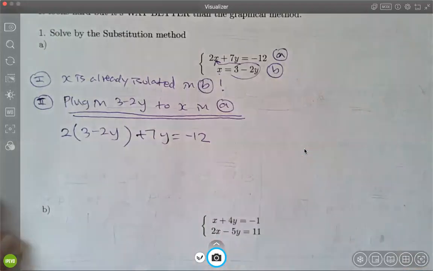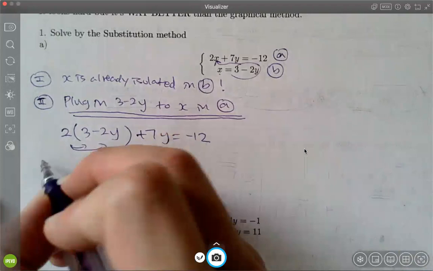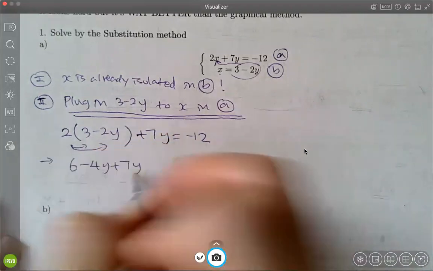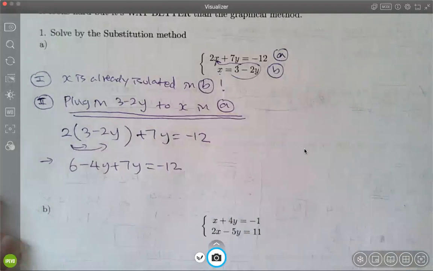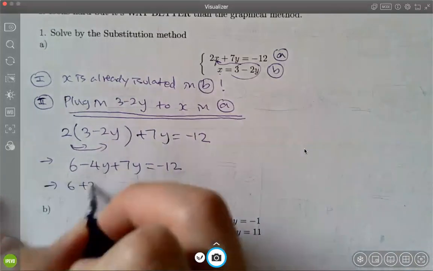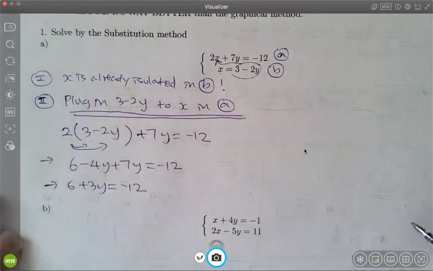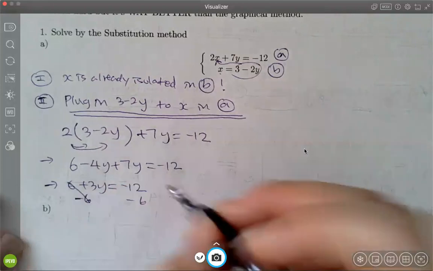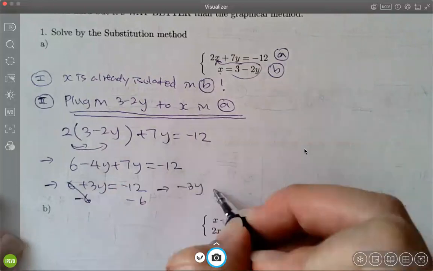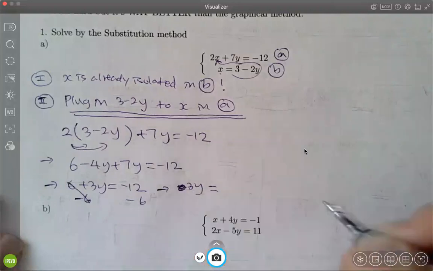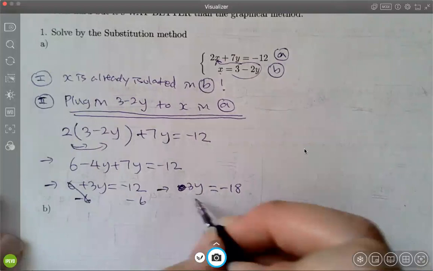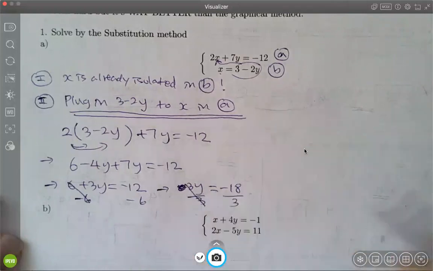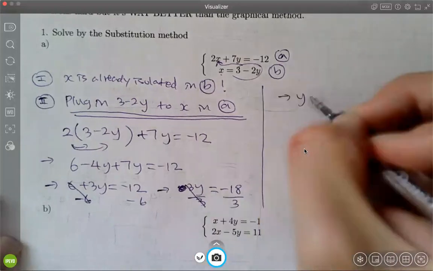Distribute the 2: 6 minus 4y plus 7y equals negative 12. That's 6 plus 3y equals negative 12. Then you subtract 6, so you get positive 3y equals negative 18. Then you divide by 3, so y is equal to negative 6.